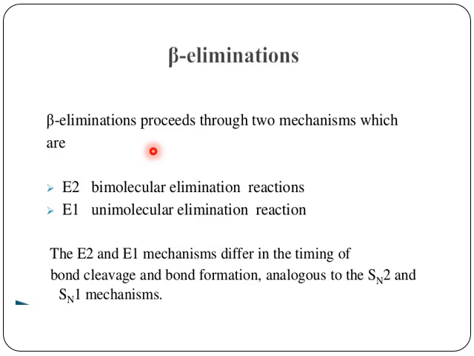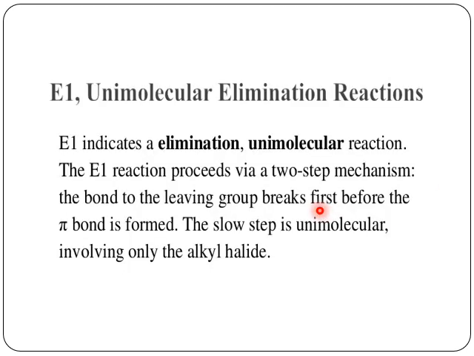The E2 and E1 mechanisms differ in the timing of bond cleavage and bond formation, and they are similar to the SN2 and SN1 mechanisms. Now we will start with E1, unimolecular elimination reactions.